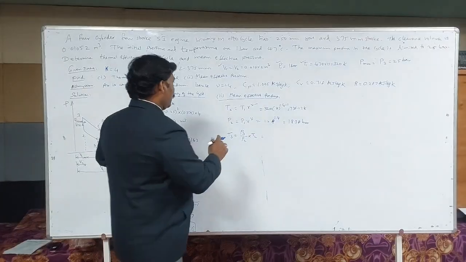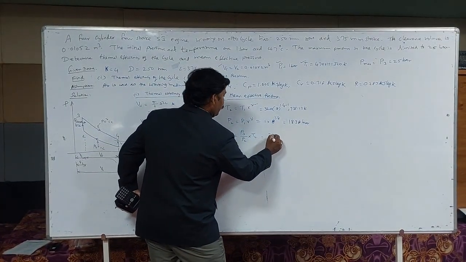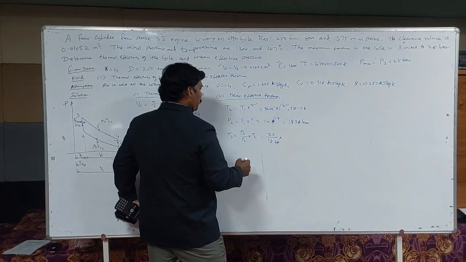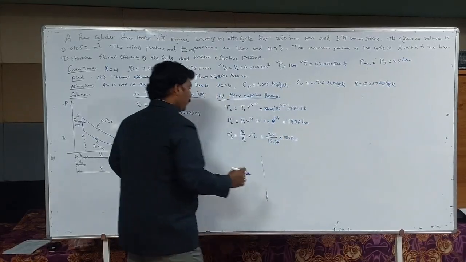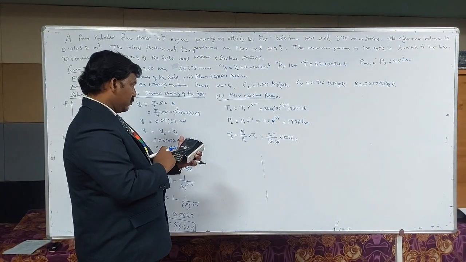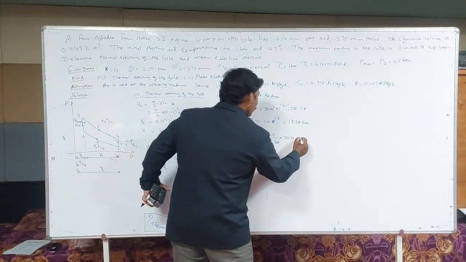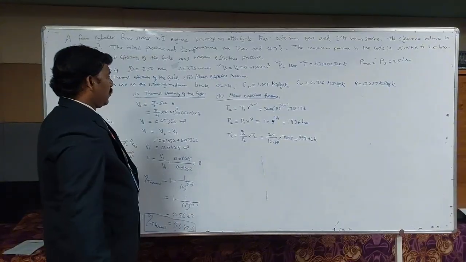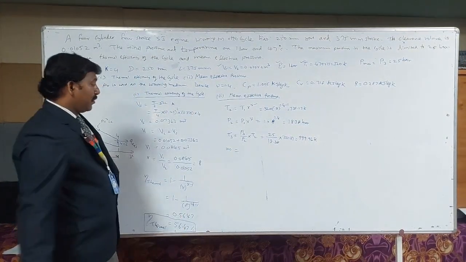P3 we know, which is 25 bar, P2 is 18.38 bar, and T2 is 735.17. So we get 25 by 18.38 into 735.17, which is 999.96 Kelvin.